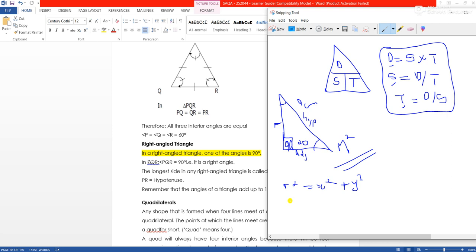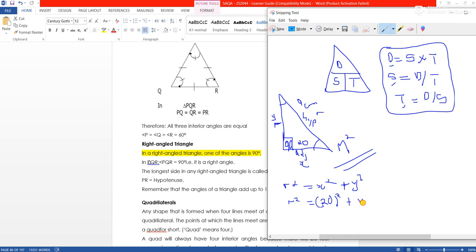What we can do, using this basic mathematical formula, the Pythagoras, is on the x we represent the adjacent, and this is y, and this should be r. So your x will be 20, so 20 squared plus y squared.